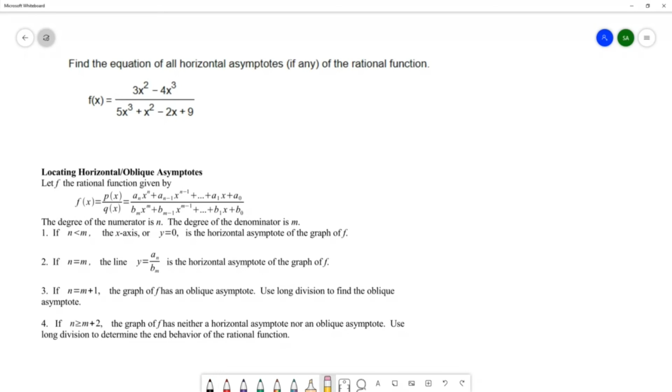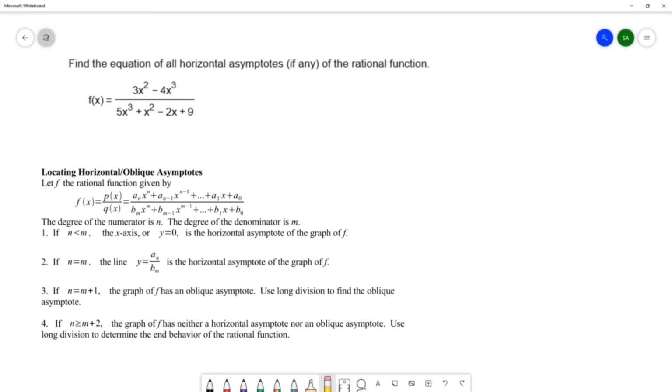In this example, we want to find the equation of all horizontal asymptotes of this rational function. The rational function we're working with is f of x equals 3x squared minus 4x cubed over 5x cubed plus x squared minus 2x plus 9. So on this one, we're looking for horizontal asymptotes only.